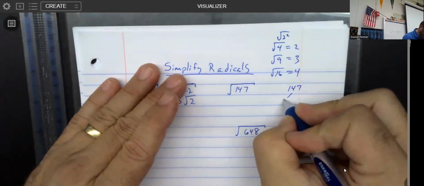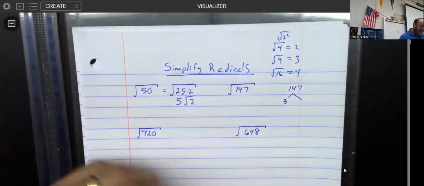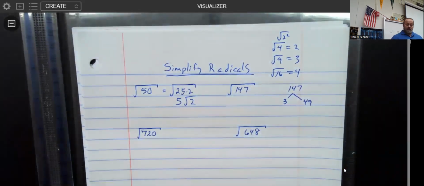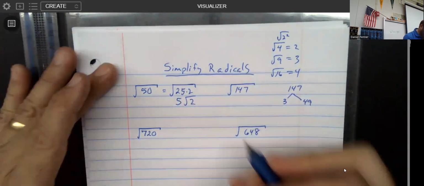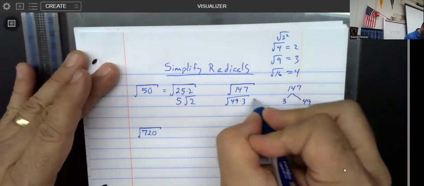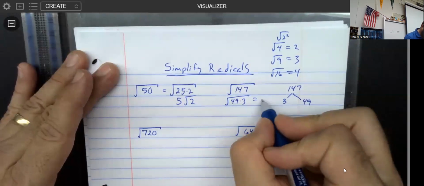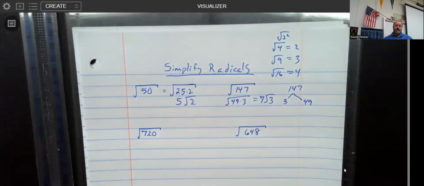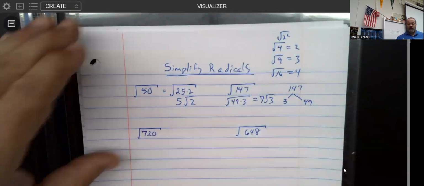If we made a factor tree, we would find that 3 times 49 is 147. I know that the square root of 49 is 7, so we're good to go.